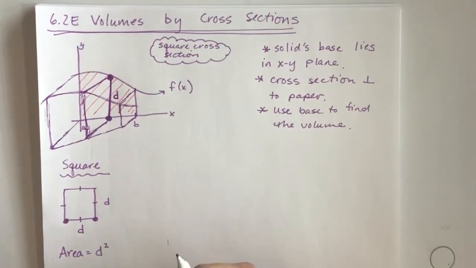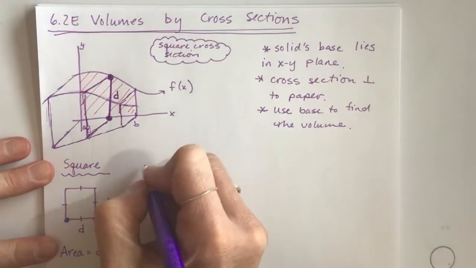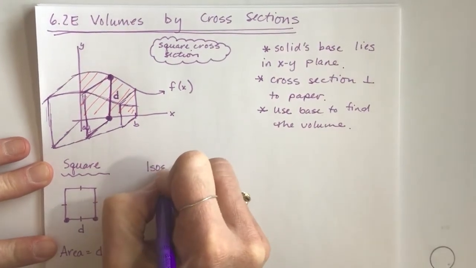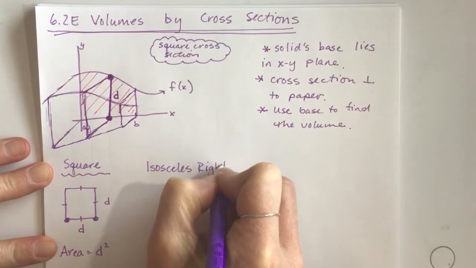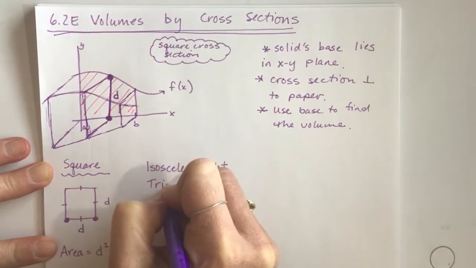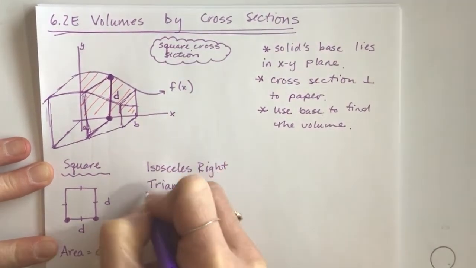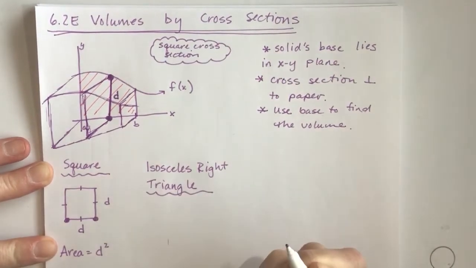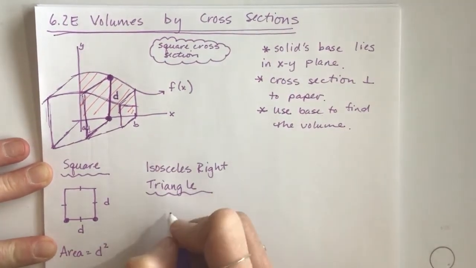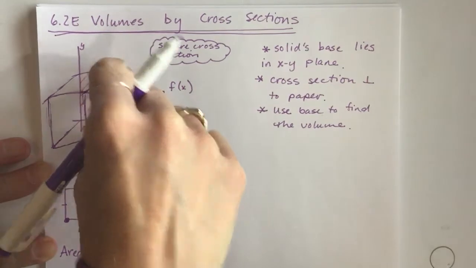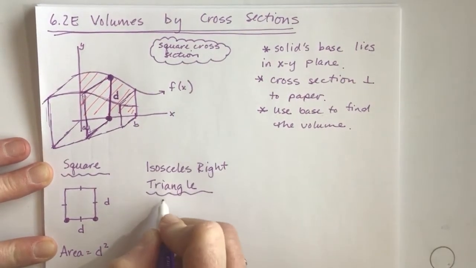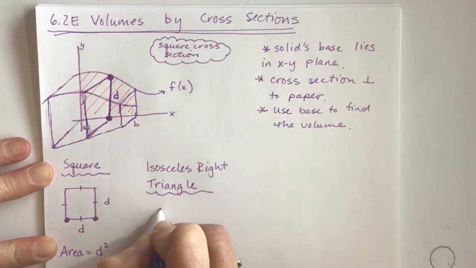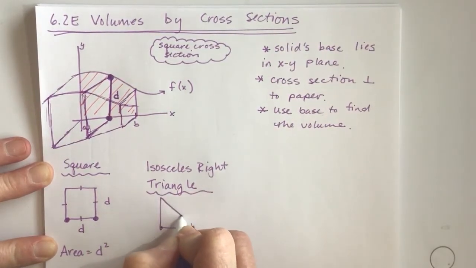Okay. The next one that's common that you might see is an isosceles right triangle. So that one is half a square. So if we took this base, and instead of coming up and doing a whole square, we're just going to come up and do half a square.